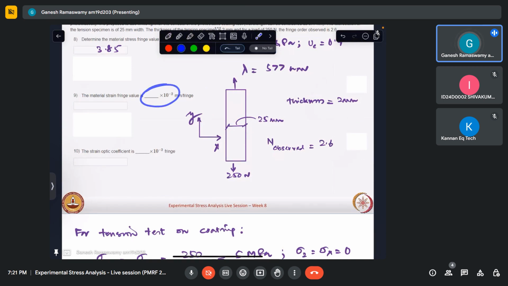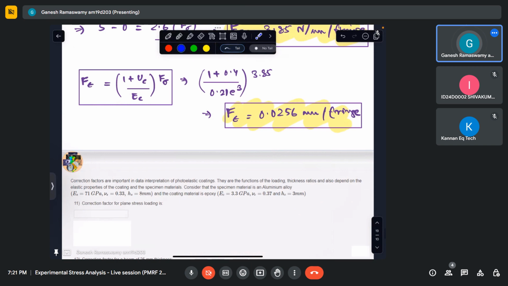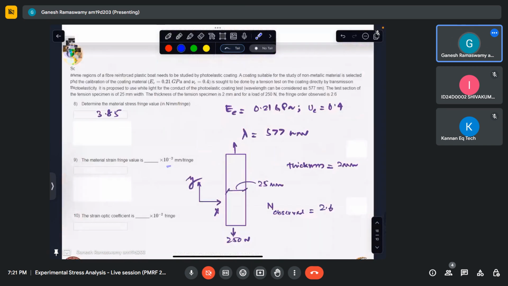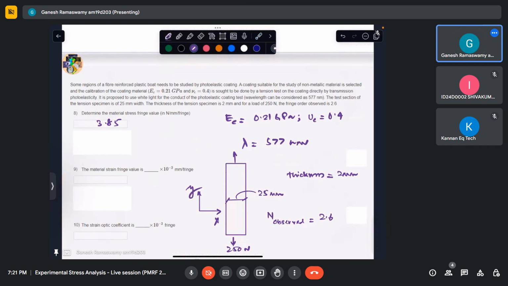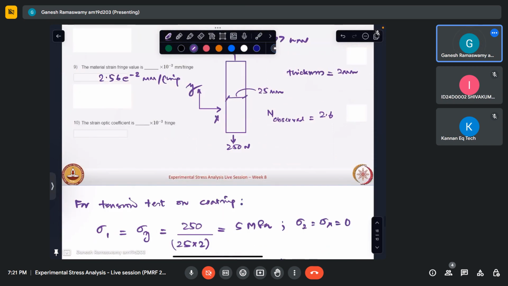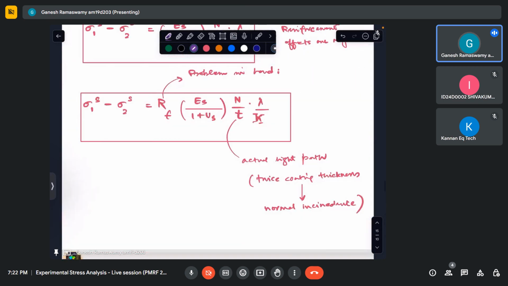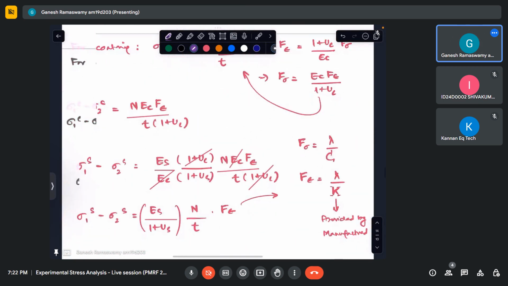Very well. So the strain optic coefficient, as we discussed somewhere, yeah, we saw it here that this is the strain optic coefficient. We have f epsilon and lambda has been given, so we can easily calculate this. So let us go ahead and do that. The strain optic coefficient K comes out to be lambda by f epsilon.